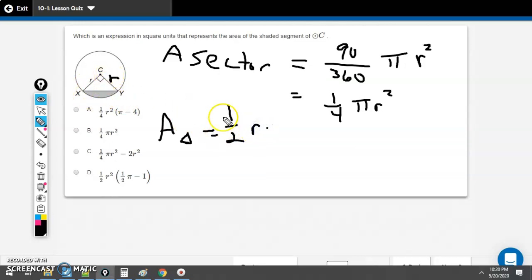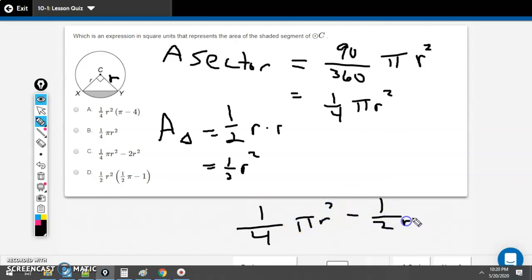And the height is the side that's perpendicular to the base, so that's also r. Okay, so it's a half times r, which is r squared. That's the area of a triangle. Now remember, you have to subtract the two of these. All right? And the sector is the one that you start with, 1/4 pi r squared minus 1/2 r squared.